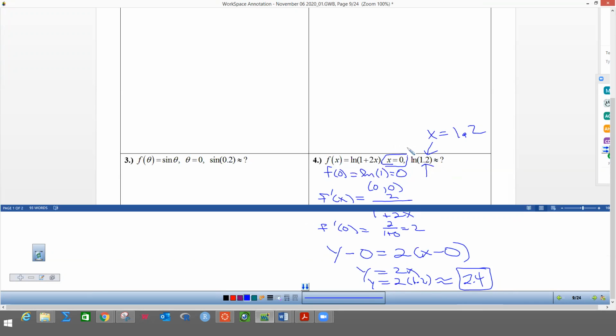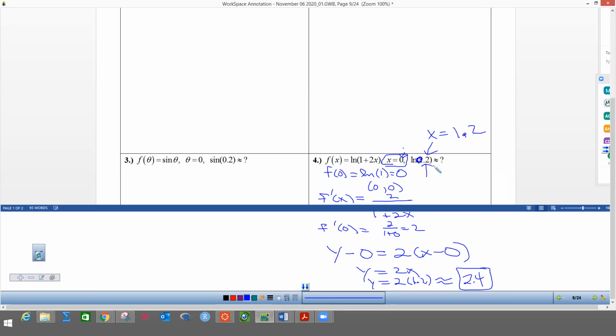And what I think he should have done was, if you're going to approximate at 1.2, we should have plugged a 1 in there because that's way closer to 1.2 than 0. So this approximation is going to be off quite a bit. So I think he should have either made this 1, because 1.2 is close to 1, or he might have had a typo and this maybe was supposed to be 0.2.